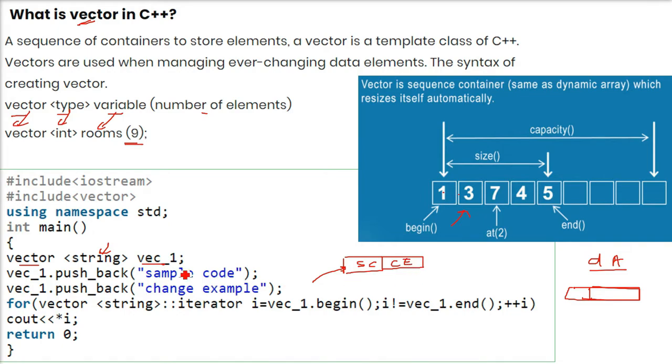Now only 2 values are there. If you want to put a third, you can just push_back. Now you can use the iterator from begin to end, and with this iterator you can print the value, like cout with *i. When you actually run it, sample code and change example will be printed. So this is how a vector is a sequence container which resizes itself automatically.